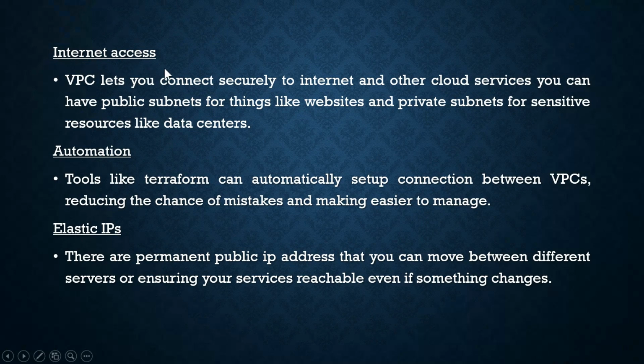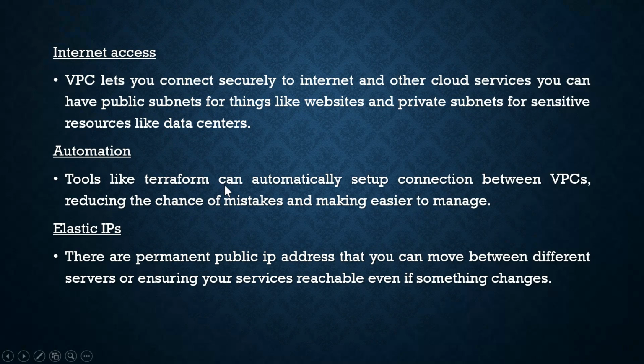Internet access. VPC lets you connect securely to the internet and other cloud services. You can have public subnets for things like websites and private subnets for sensitive resources like data centers. Next one is automation.